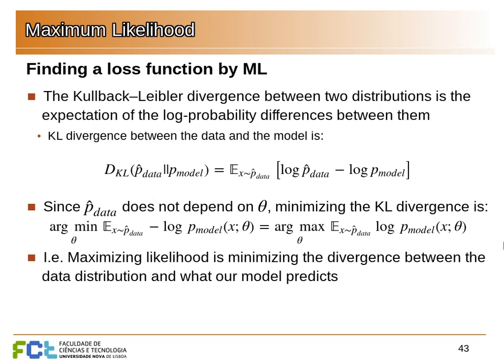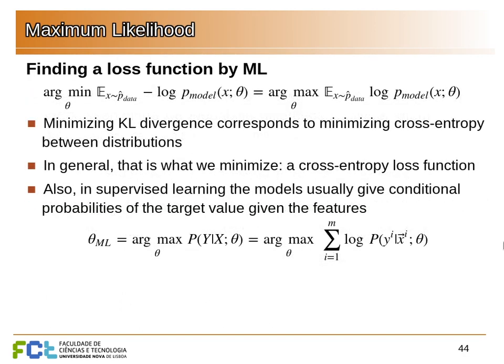Since this probability of the data does not depend on our parameters, because this is what the universe is giving us, we can change this equation to basically this product here, and this ends up being the same as the cross entropy loss.